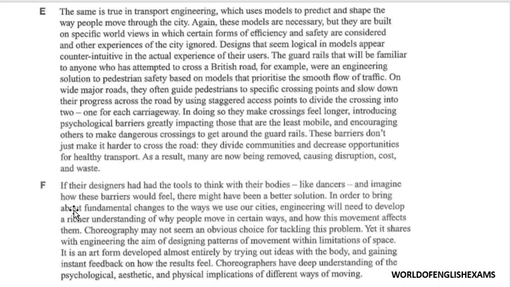In order to bring about the fundamental changes to the way we use our cities, engineering will need to develop a richer understanding of why people move in certain ways and how this movement will affect them.